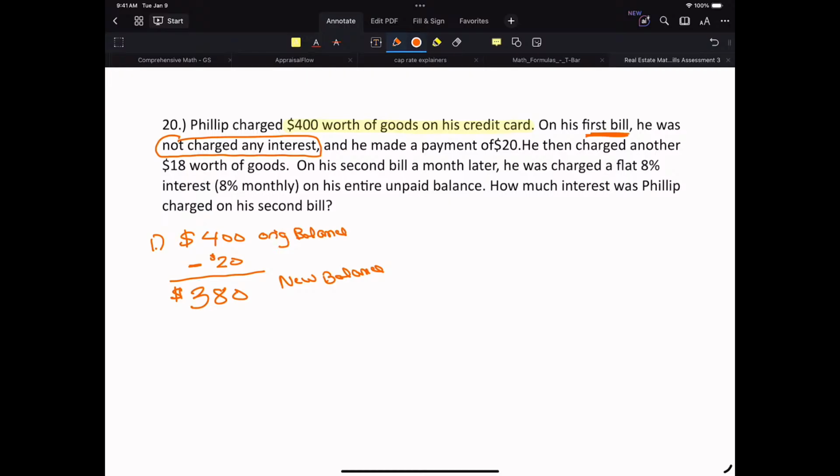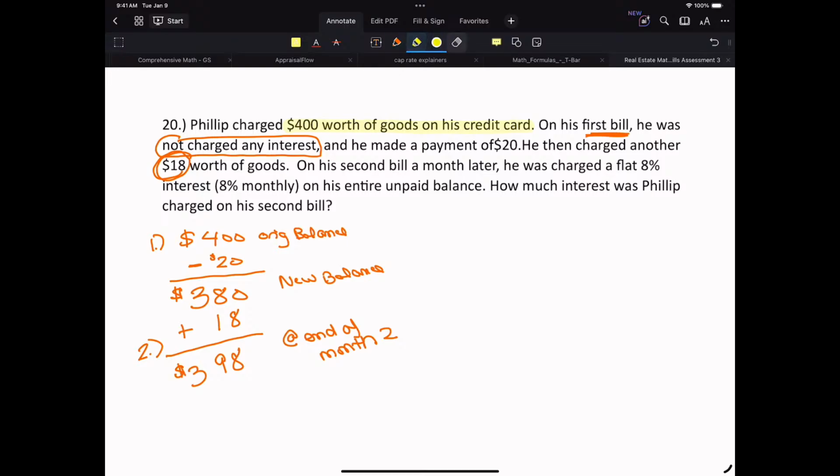But then in month 2, he bought $18 worth of goods. Now he owes $18 more. So now at the end of month 2, he owes $398.